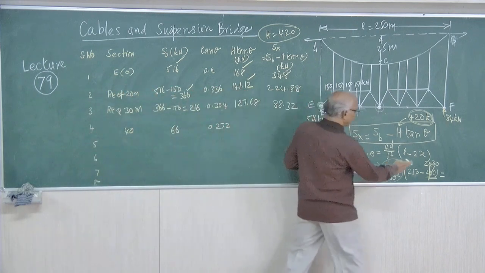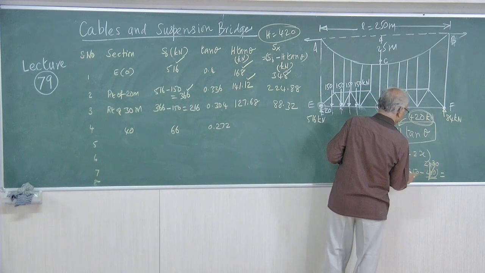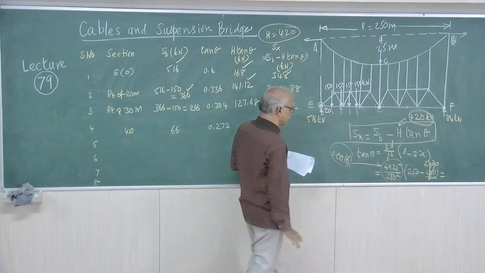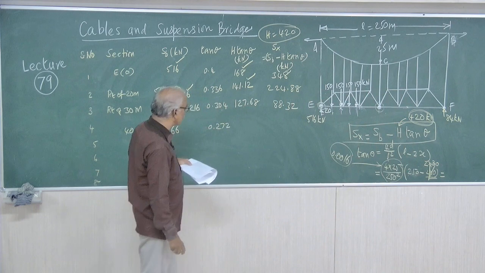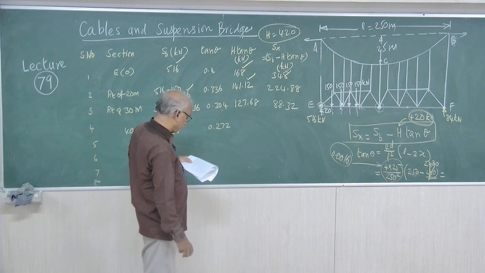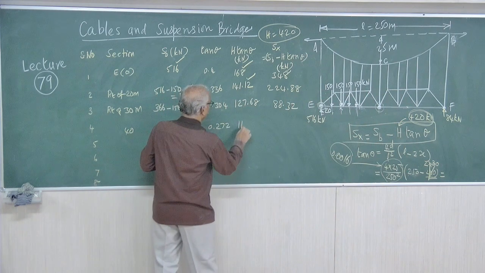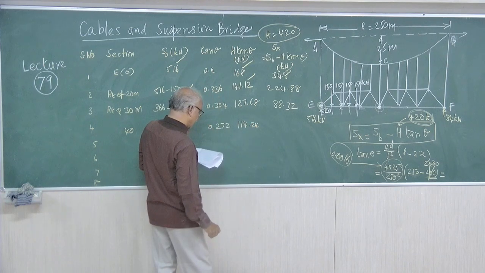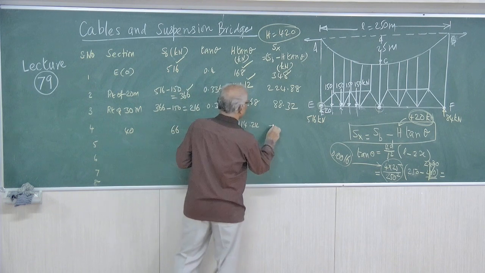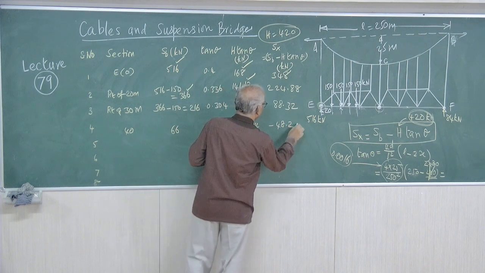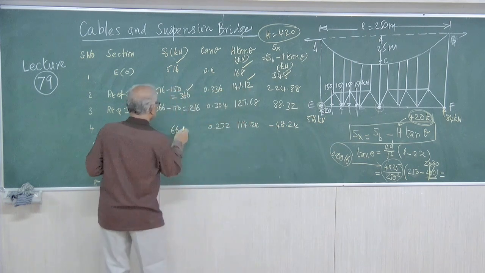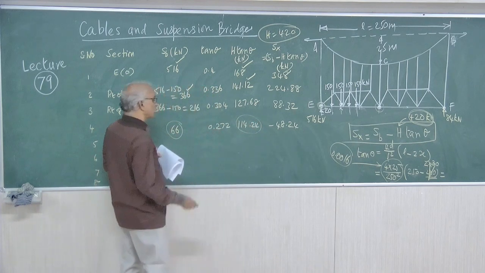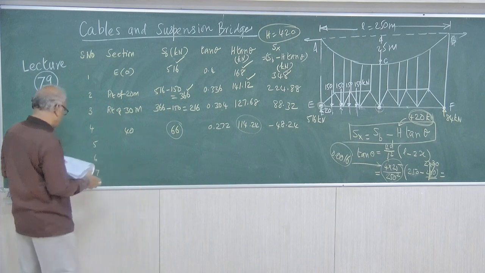Therefore, 2 into 40 is 80. 250 minus 80 is 170. 170 into 0.0016 is equal to 0.272. 420 into 0.272 is 114.24. So 66 minus 114.24 is minus 48.24.